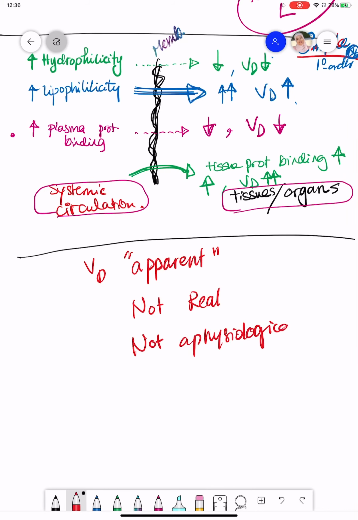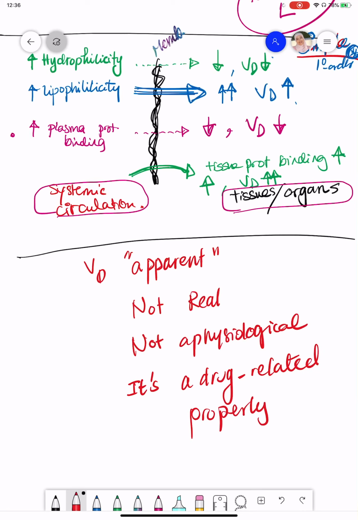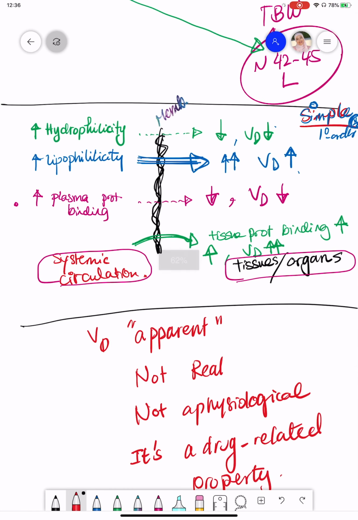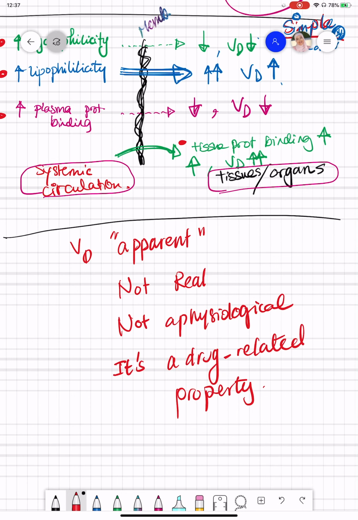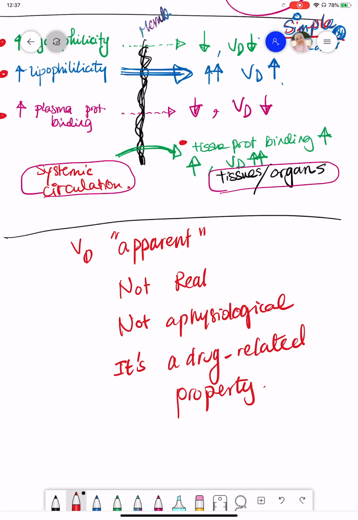And more importantly, it is a drug-related property. Okay, so for, let's say, drug A, the volume of distribution in the same body is different than drug B, is different than drug C, is different than drug D. So I hope with this we got the idea about apparent volume of distribution.